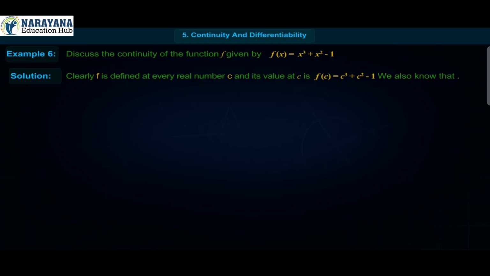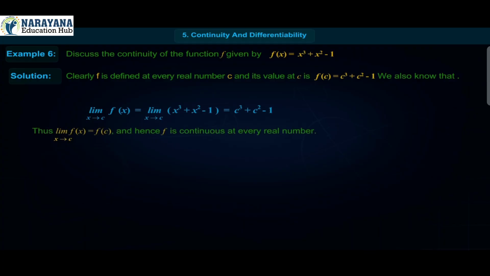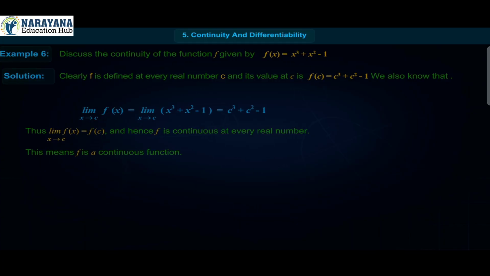We also know that limit x tends to c, f of x is equal to limit x tends to c, x cube plus x square minus 1 is equal to c cube plus c square minus 1. Thus, limit x tends to c, f of x is equal to f of c, and hence f is continuous at every real number. This means f is a continuous function.